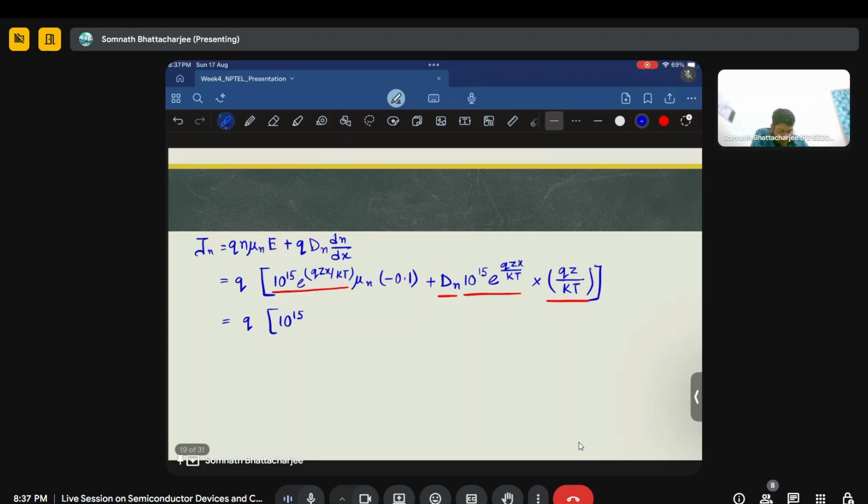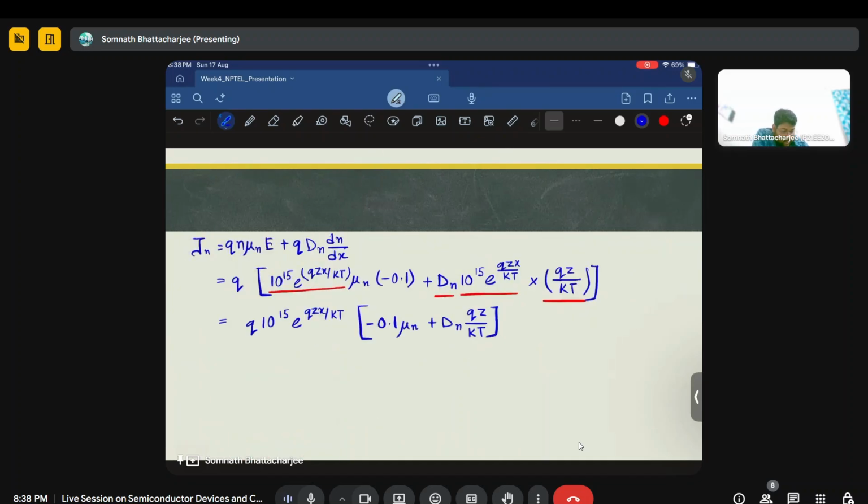So we have got 10 to the power 15 e to the power of qzx by kT, or I guess we can just keep it outside, and write it as minus 0.1 mu n plus Dn qz by kT. Now from this equation we can directly write, from the Einstein equation, we know Dn by mu n equals kT by q. That's why I was not putting the value there.